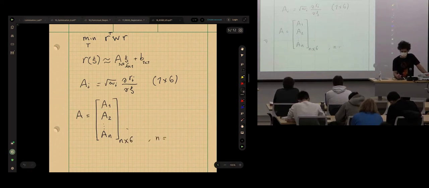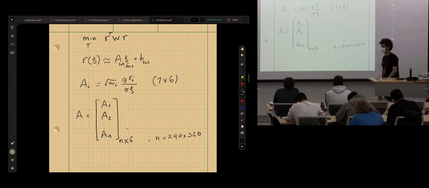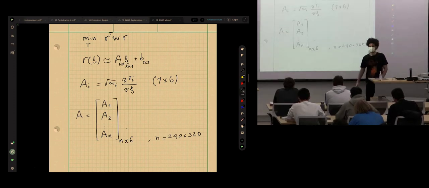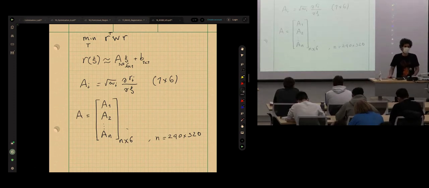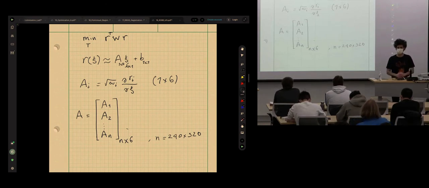N is 240 times 320. That's a very, very long, tall Jacobian, but fortunately, the number of columns are actually not very large. So the variables that we're solving are only 6 parameters. It makes it the 6th vector.